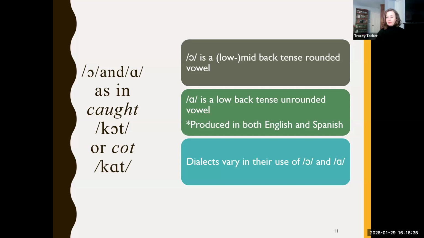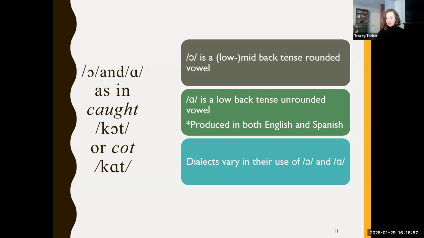It's a low back tense vowel as well. Okay, so these are all back vowels that we're talking about. It's also tense, but it is unrounded. So, aw, ah. See how my mouth changes? Aw, ah.